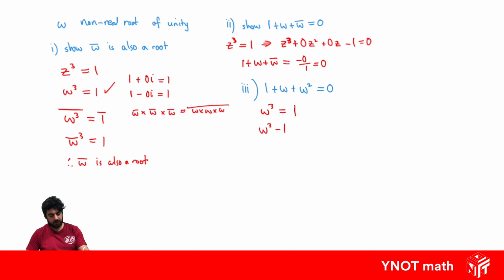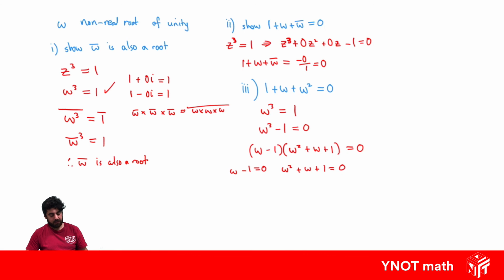So we get w cubed minus 1 equals 0. Then we can use our important factorizations that we just learned to rewrite this as w minus 1 all times w squared plus w plus 1 equals 0, which means that either w minus 1 has to equal 0 or w squared plus w plus 1 has to equal 0.